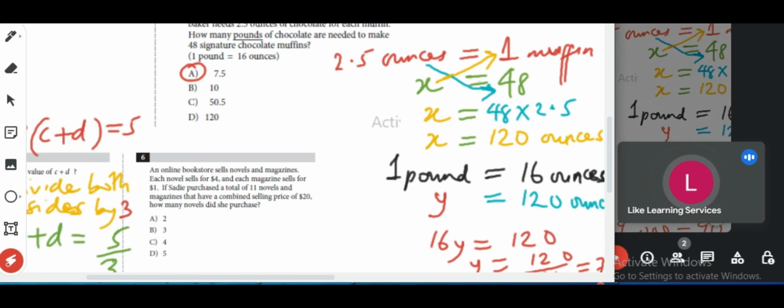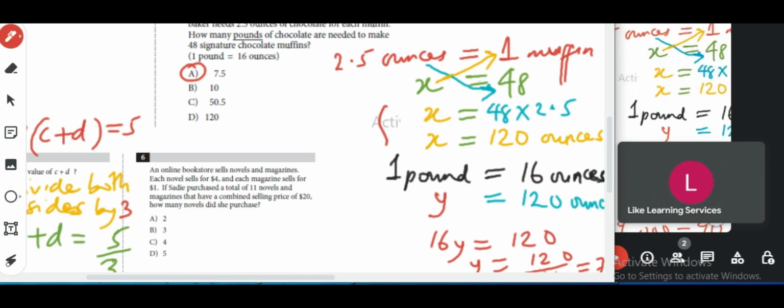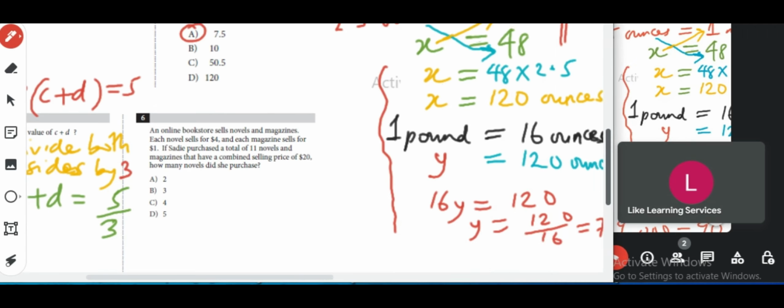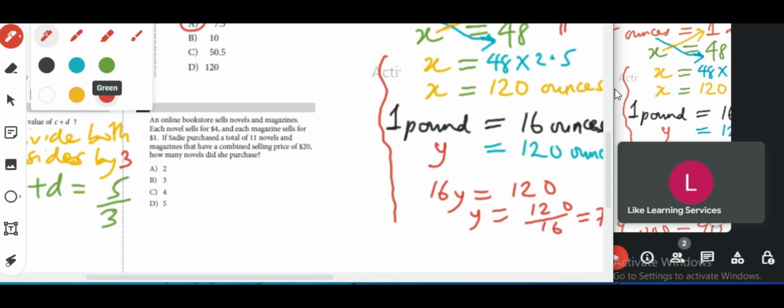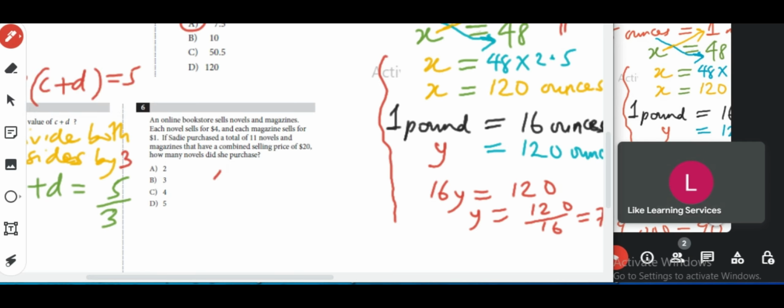What do you think you can do? You need to do it by like an equation. They taught us how to do this in class, but I just kind of forgot.